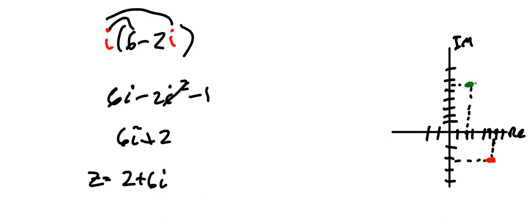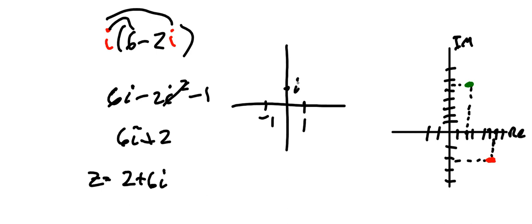Essentially, what's happening is when we multiply by i, we're going to be creating a sort of circle around. So if we have a graph of 1, let's say this is 1, -1, i, -i. Every time we multiply, that's why i squared equals -1.